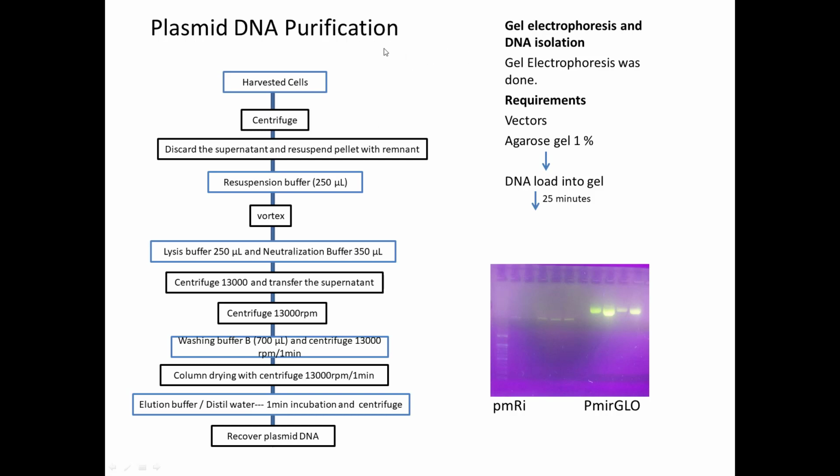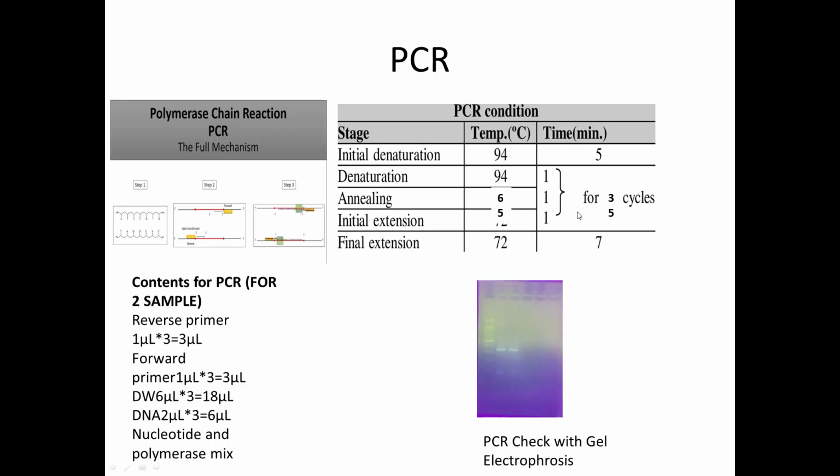After this plasmid DNA purification process, I used gel electrophoresis, and the requirement is the vectors in the agarose gel. Here 1% gel is generally used for the plasmid, whereas for the DNA molecule 2% gel is generally used.